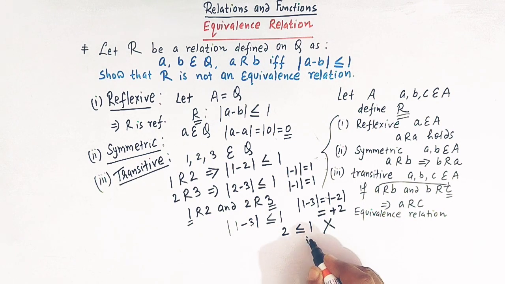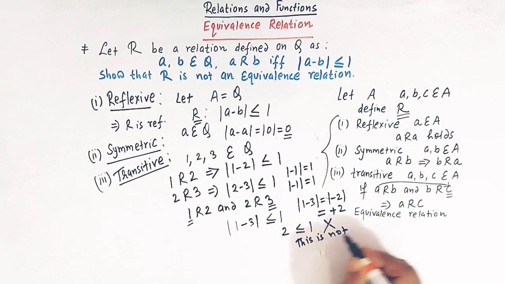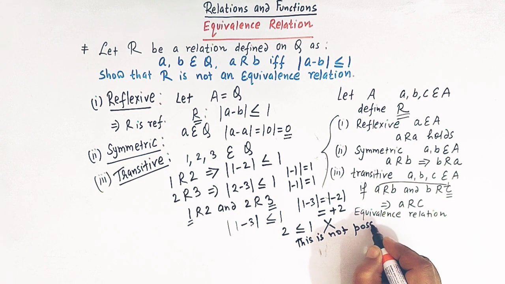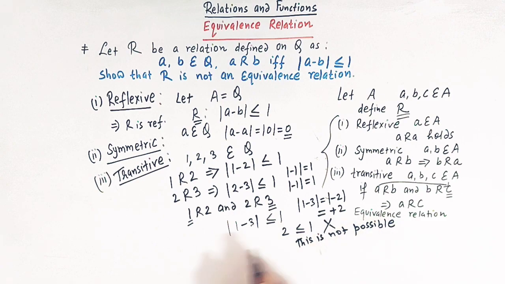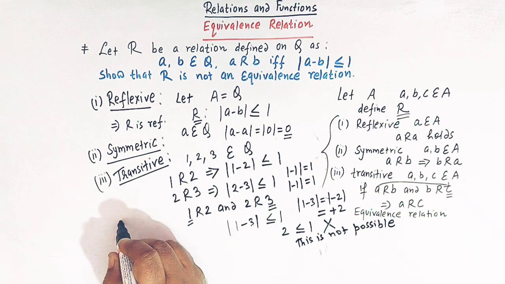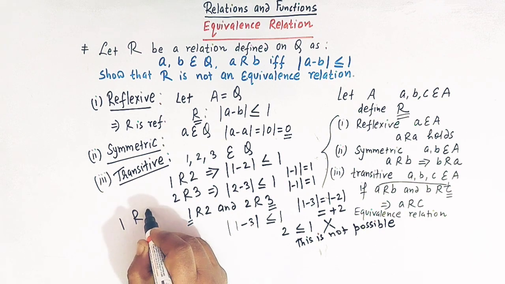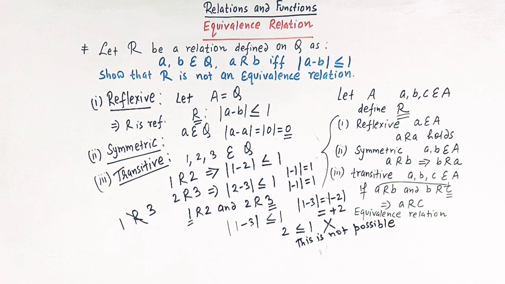So this is not possible, right? So here we can write this is not possible. So we can see that when 1 related to 2 and 2 related to 3, then we cannot have 1 related to 3, right?